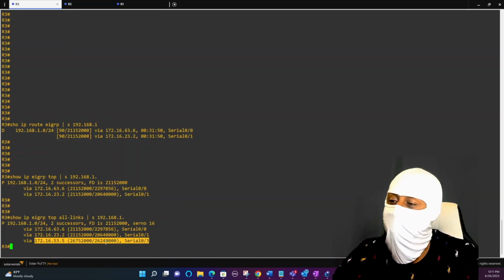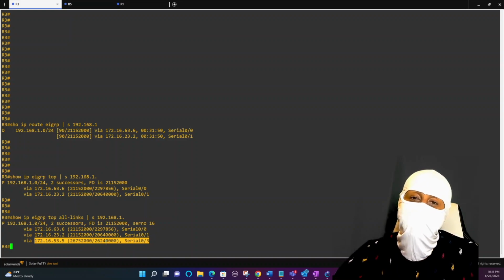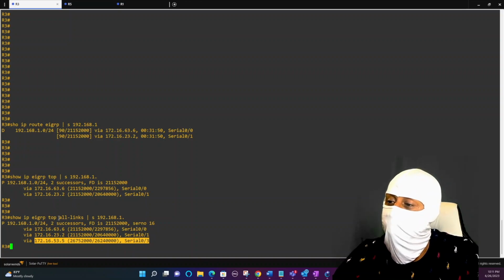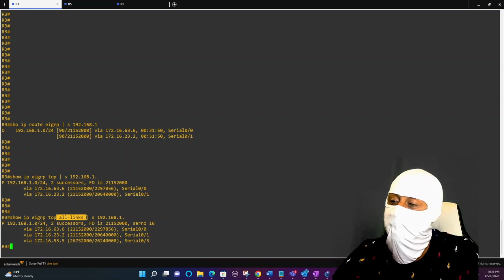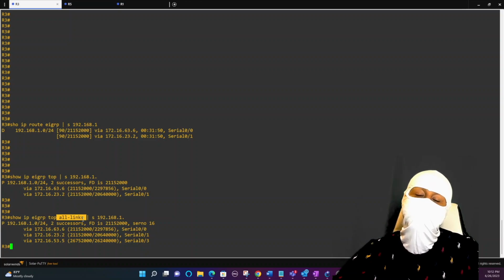It's not a feasible successor, but it is another path that EIGRP knows about, because it's in this topology all-links table, which is going to show you all the paths to your destination network that you're troubleshooting.